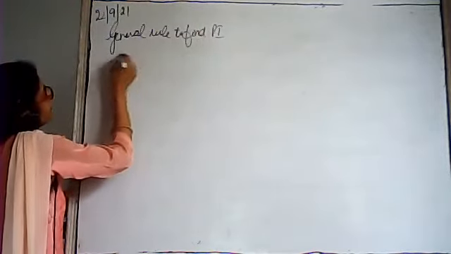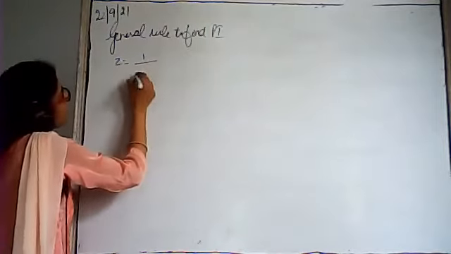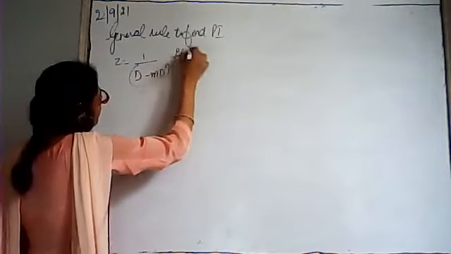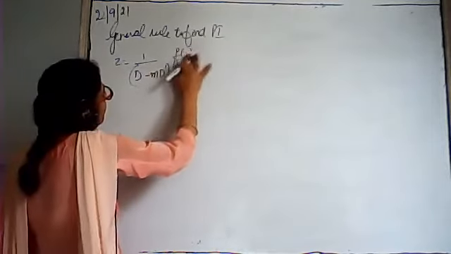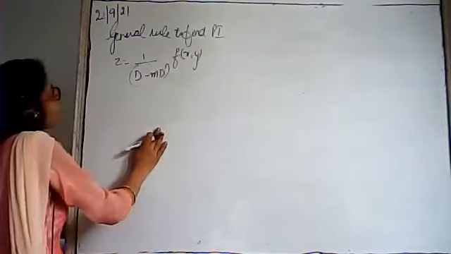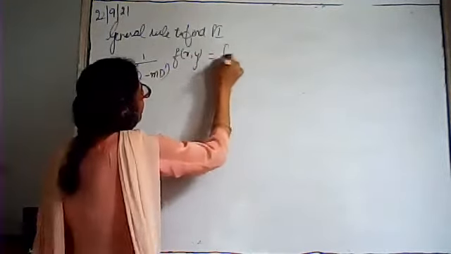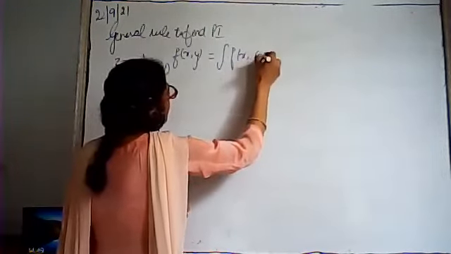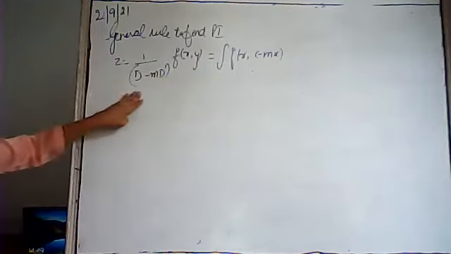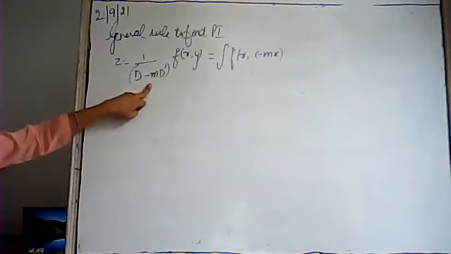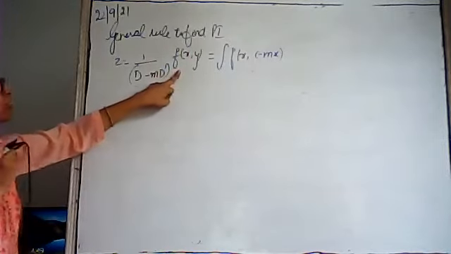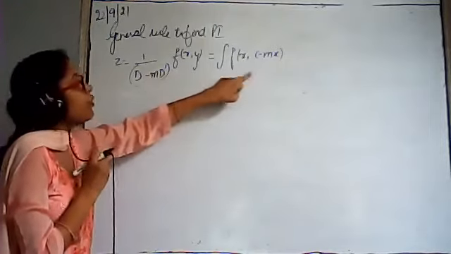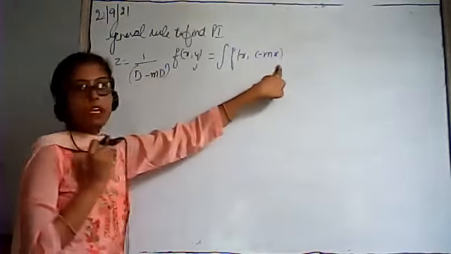If we have this type of form 1 upon D minus m D dash into whatever right hand side function of x and y, in that case you simply have to integrate the right hand side, replacing y with c minus mx.